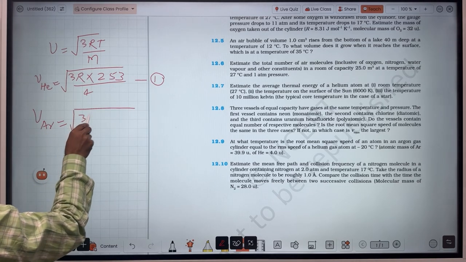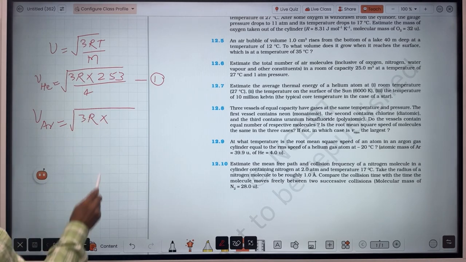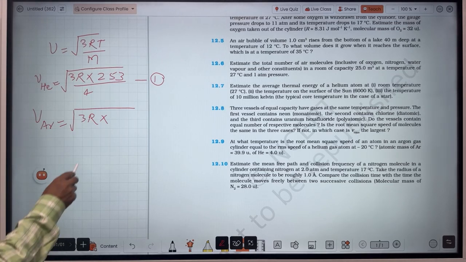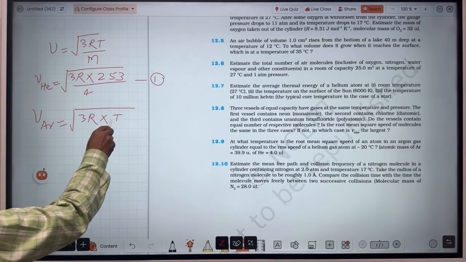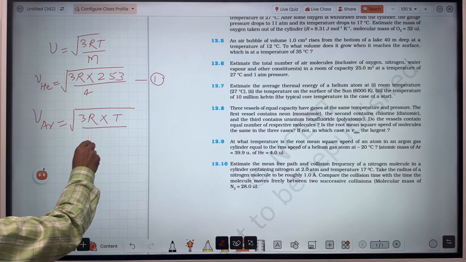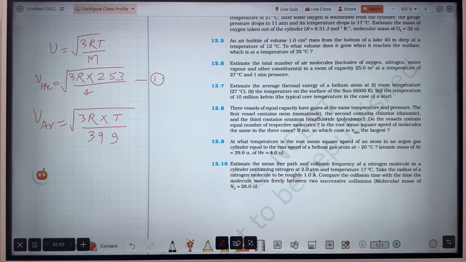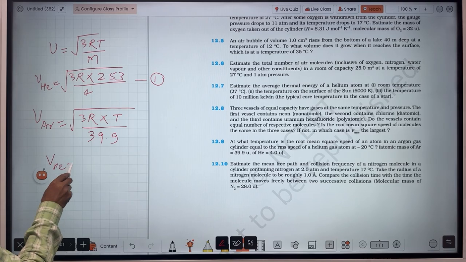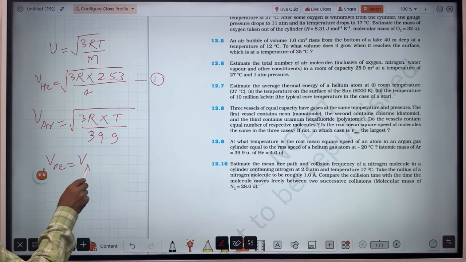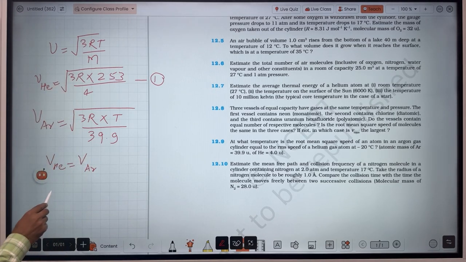And then V argon we consider. So 3R into T. So what about its temperature? It is to be found, so we can write T here, and its mass is given as 39.9. But in our question, it is given that these two have the same speeds. So V helium is equal to V argon. So we can square them to remove the root.